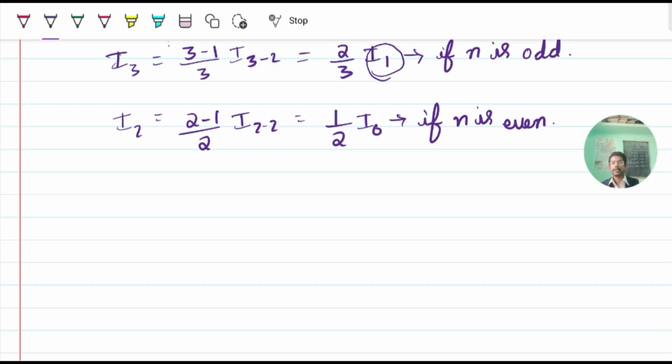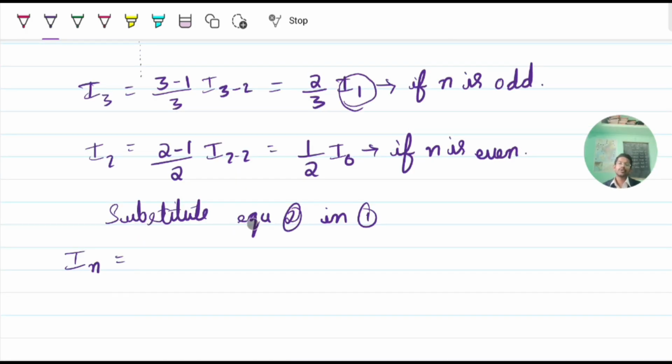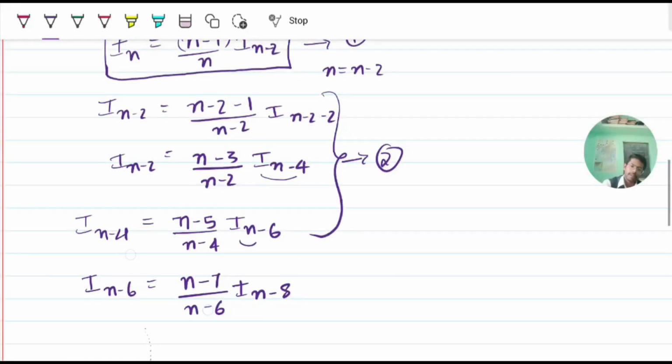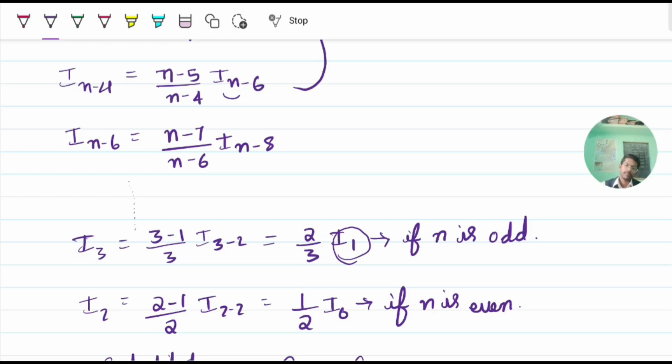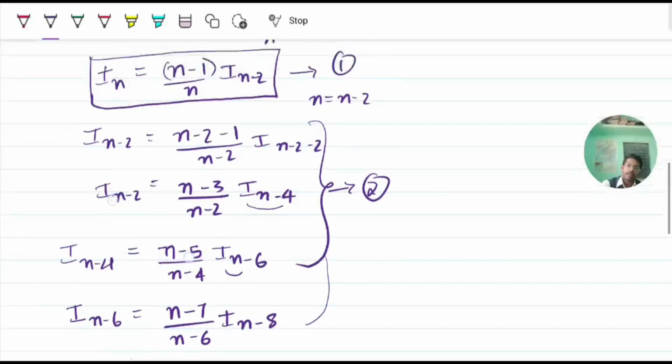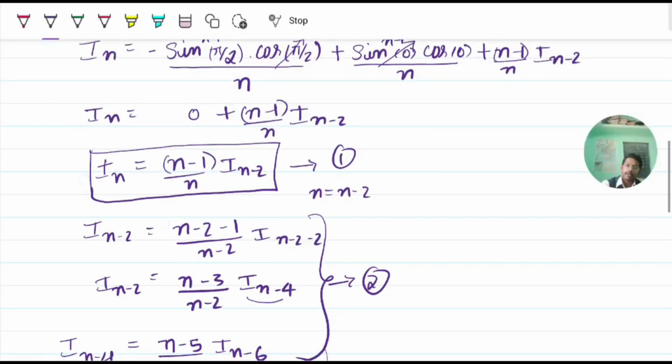Let us solve. Let us substitute equation 2 in equation 1.